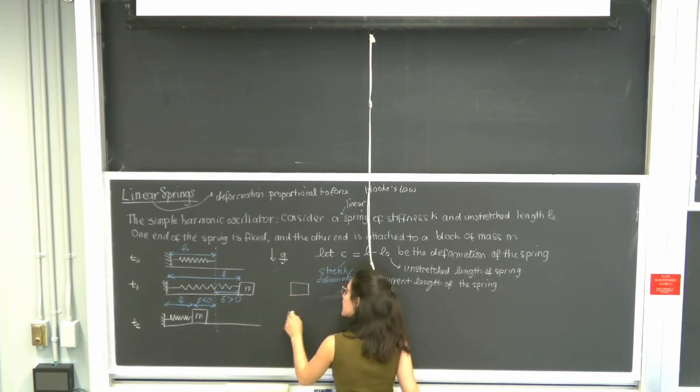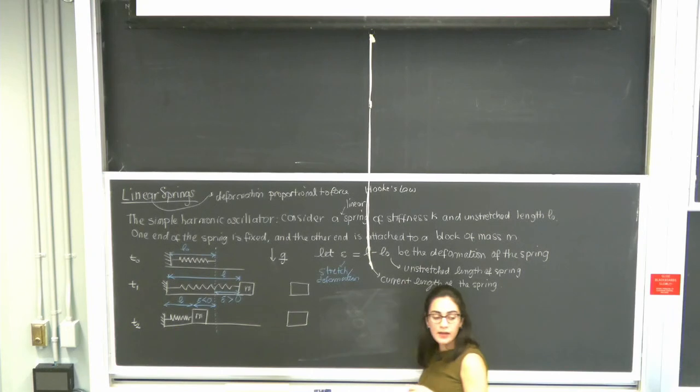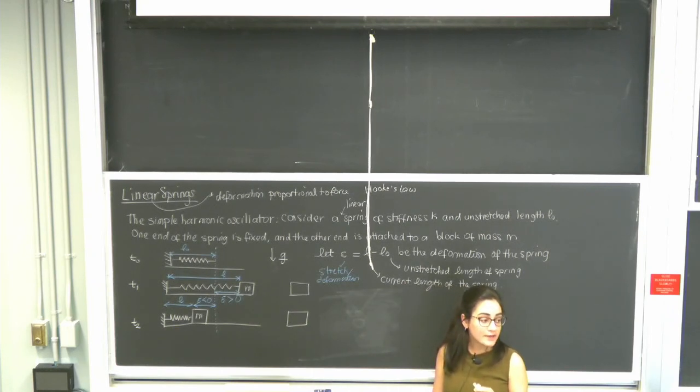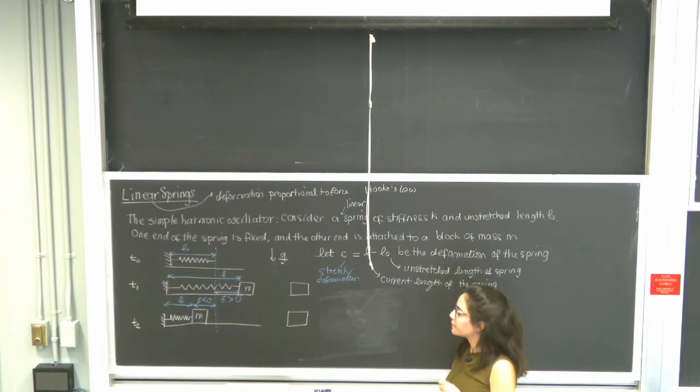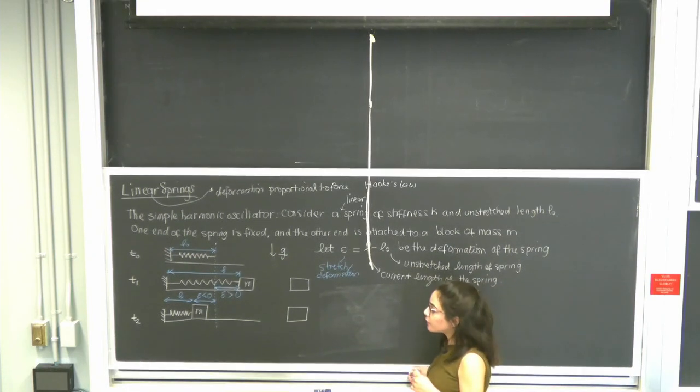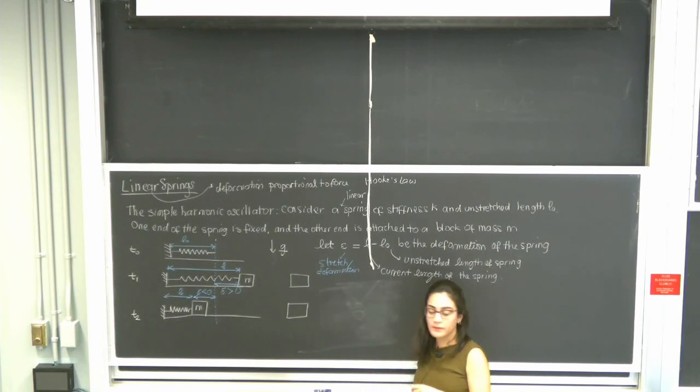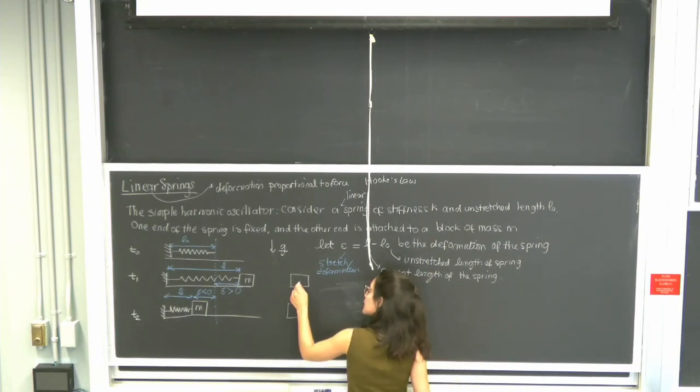Now in both cases, I want to draw the free body diagram of my mass. What are the forces acting on my block of mass M? Normal force and weight force, right? So the normal, the weight, in both cases.